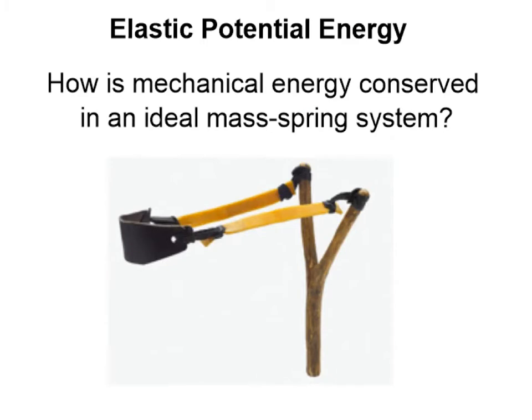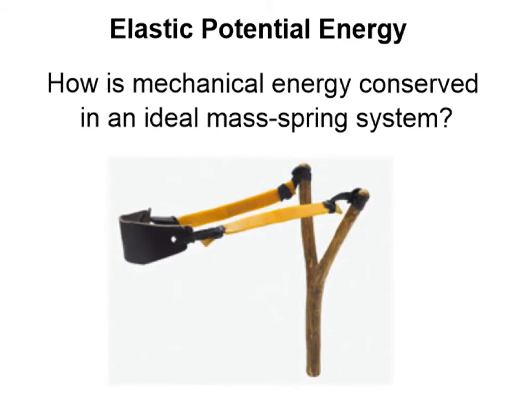At the very moment the object leaves this slingshot and starts to hurl through the air, it gains nearly all of that elastic potential energy. A little bit of that elastic potential energy is converted into kinetic energy of the slingshot itself and these bands.